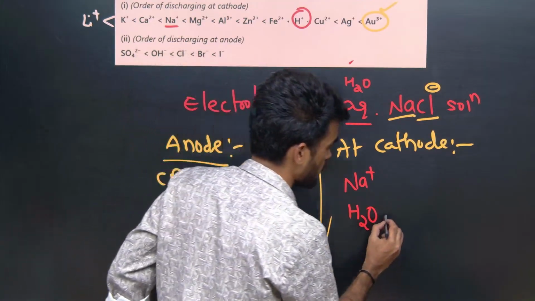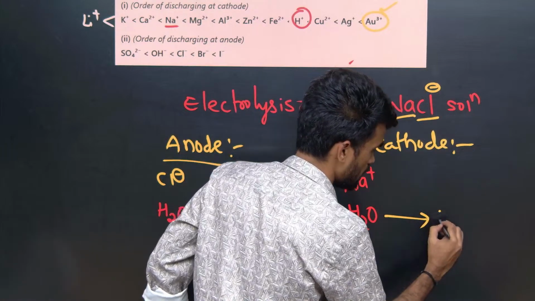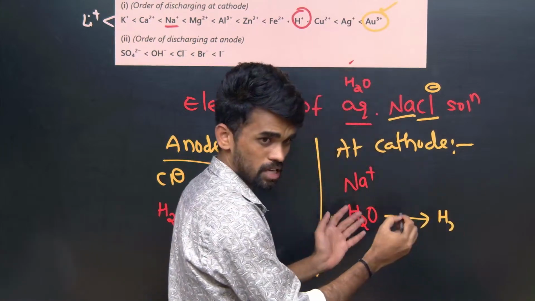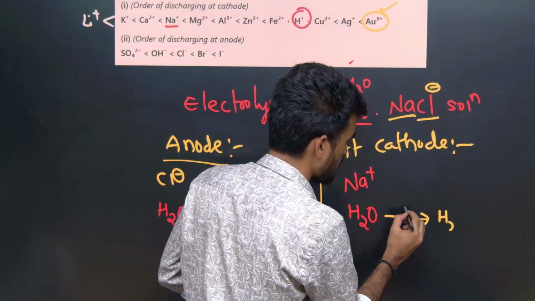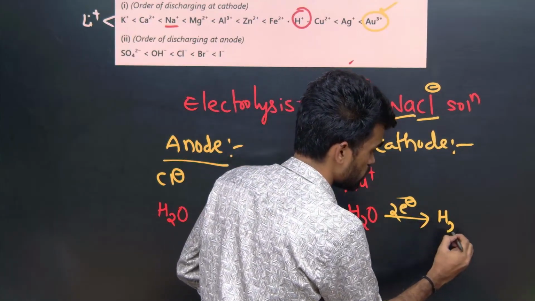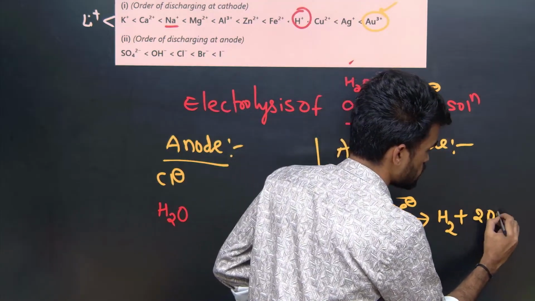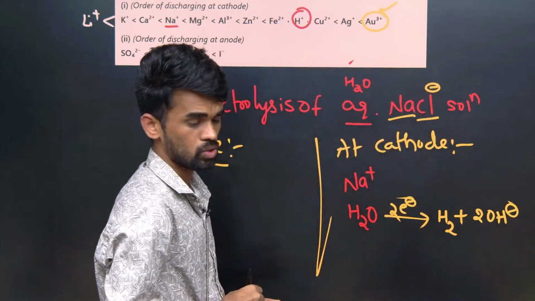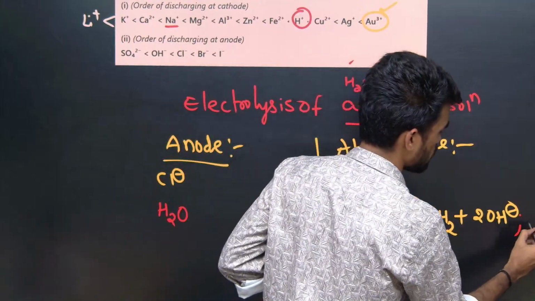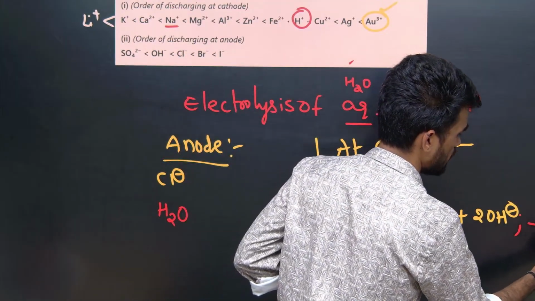So it means we should write here, as H2O is coming, I mean H plus converts, reduction takes place, so by gain of 2 electrons it will form H2 plus 2 OH minus ions. For this, the reduction potential value is around 0.83 volts.